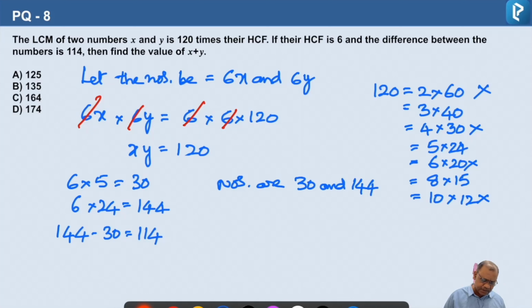So what is the sum of the numbers here? 30 plus 144, that is 174. This is the sum of the numbers. So option D is the correct answer.